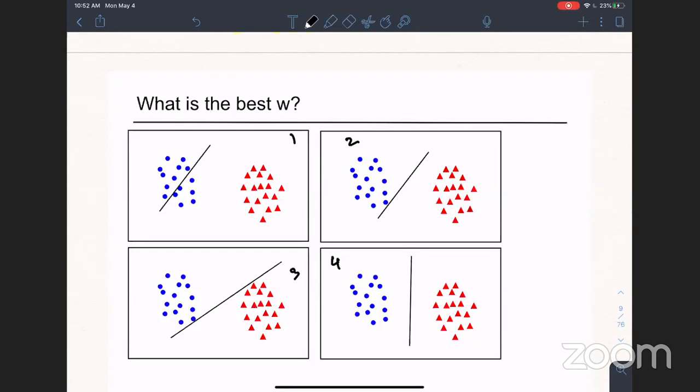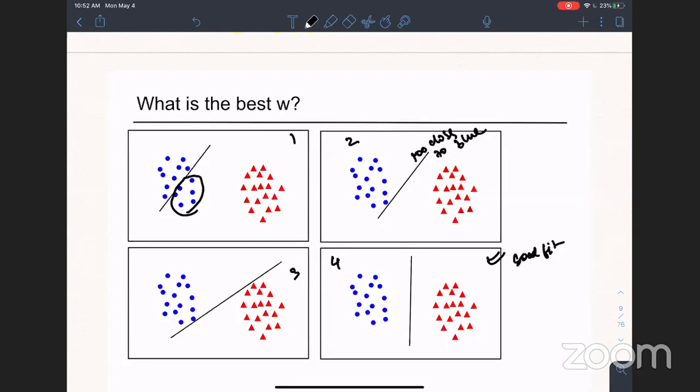That's right, 4 is a good fit. In this case, it's not good because it's misclassifying a lot of samples. In this case, it is too close to blue.